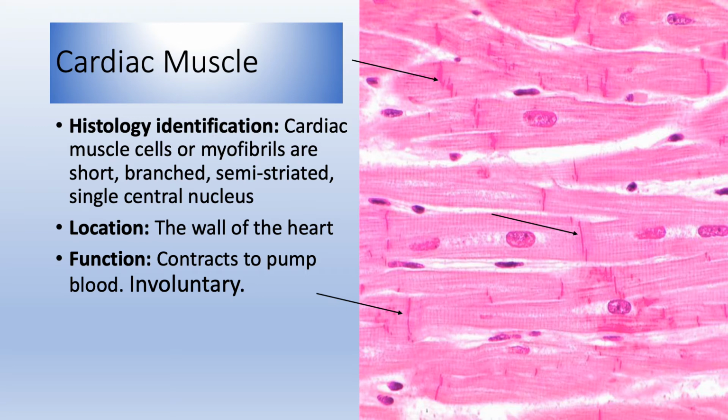Branching cardiac muscle fibers with intercalated discs allow the cells to synchronize their action and act as one. In summary, cardiac muscle cells are short, branched, semi-striated with a single central nucleus and a distinctive structure called intercalated discs. So intercalated discs are found only in cardiac muscle.